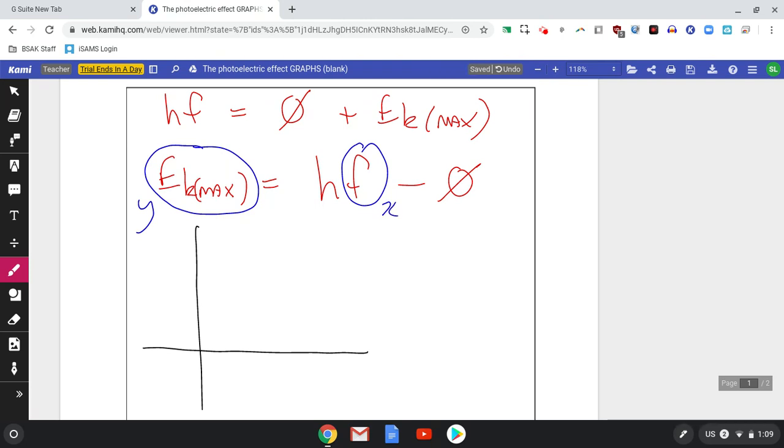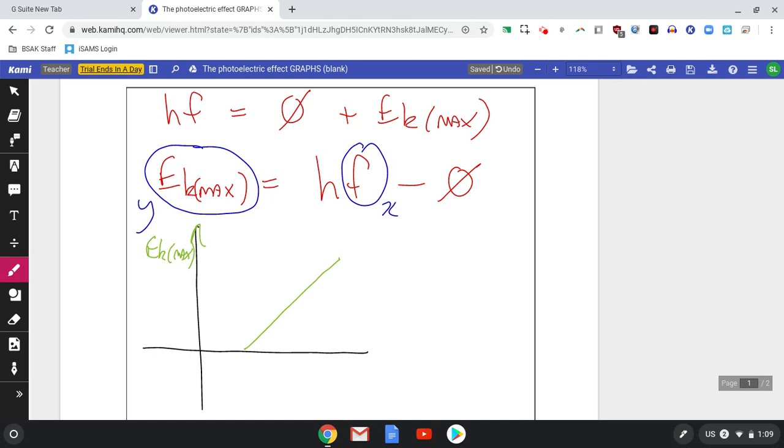Well, we're going to get a straight line with a gradient of h. So the Planck constant is going to be the gradient, and we're going to have a negative y-intercept of the work function. So the graph looks like this. So it's a linear relationship. It's a straight line.